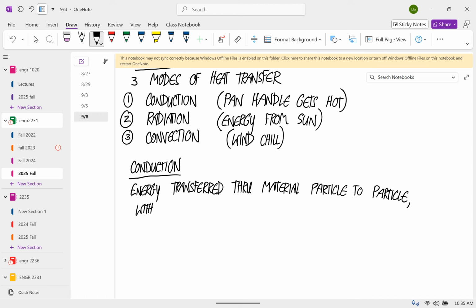So that's the key difference between this and convection. And with every one of these, I'm going to point out the dependence on material. So conduction requires a medium to transfer through.